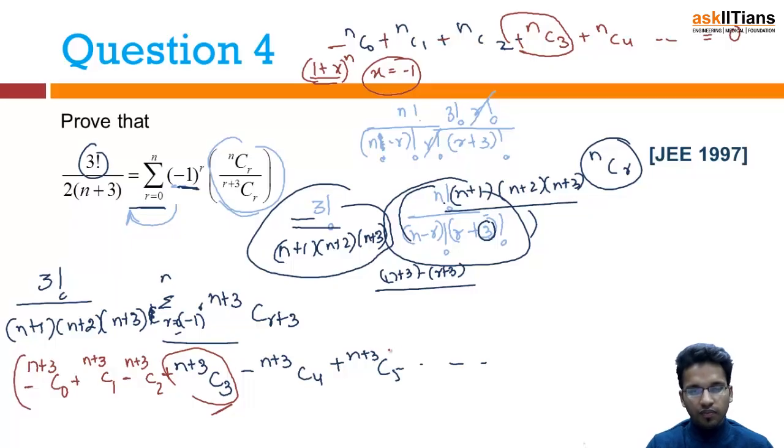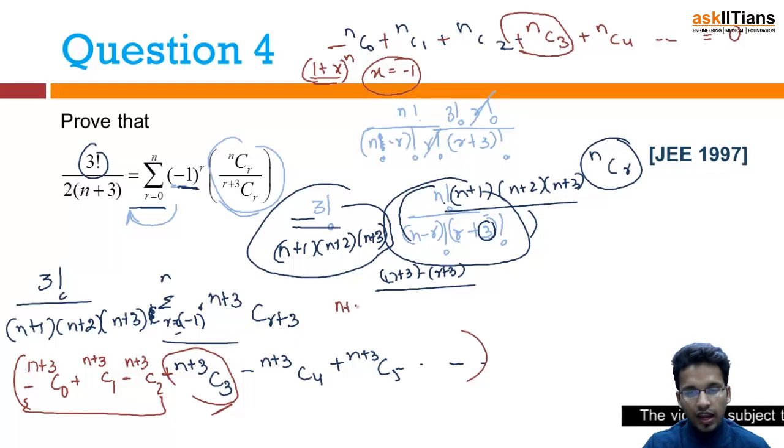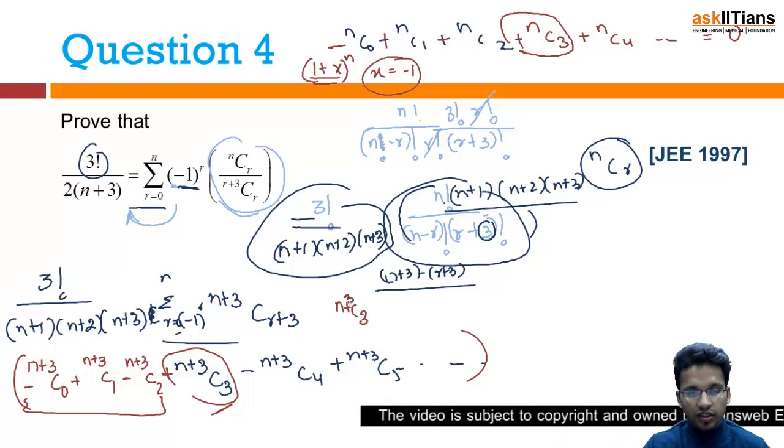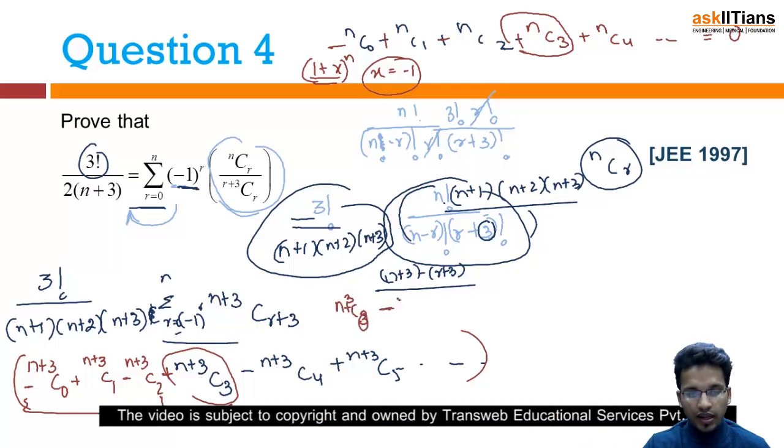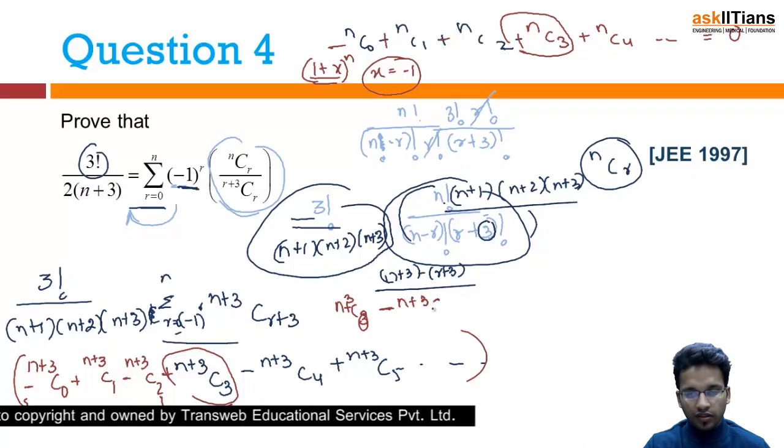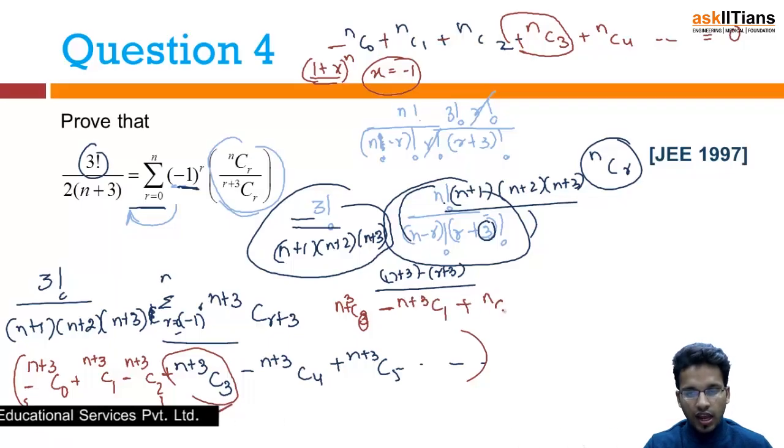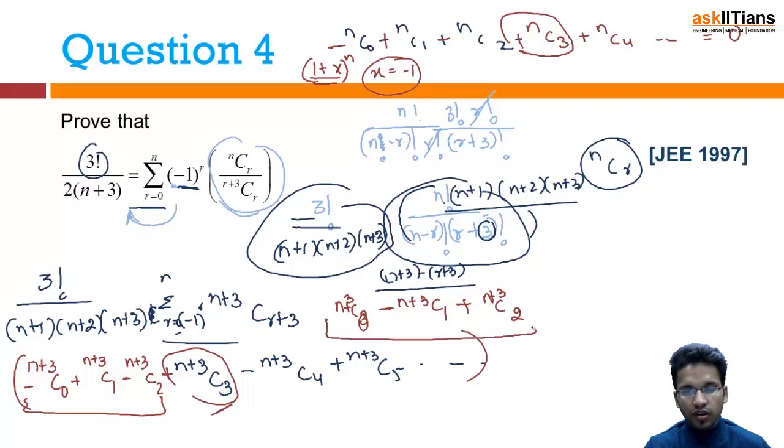So this term, as you can see, gets reduced to 0. Oh my god, how simplified is that? Now since we have added these terms, we have to subtract these terms. So n plus 3 C0 minus n plus 3 C1 plus n plus 3 C2. Now these are the terms we need to simplify.